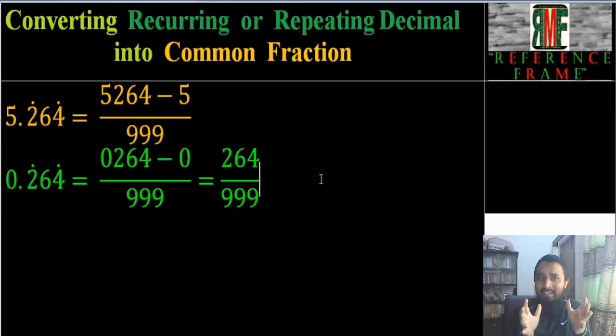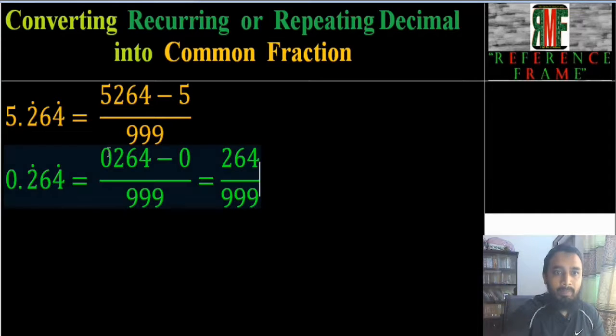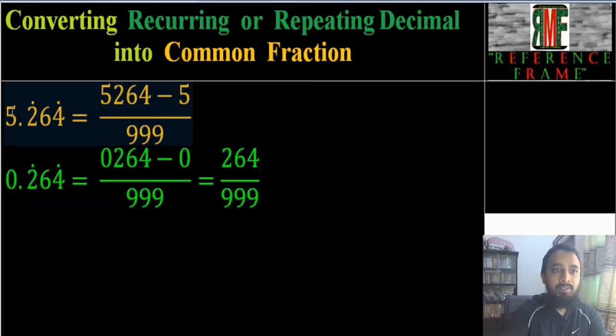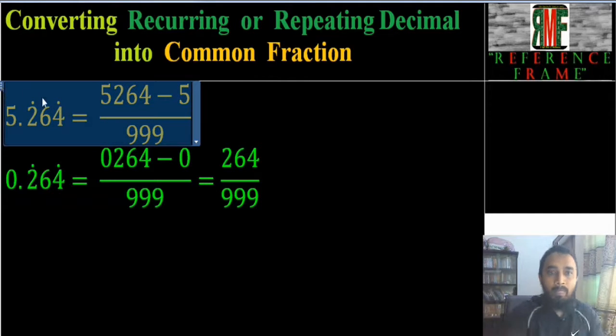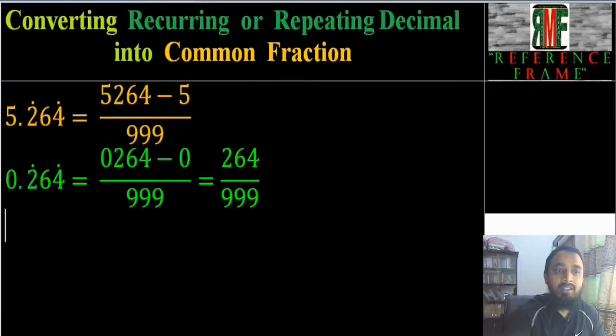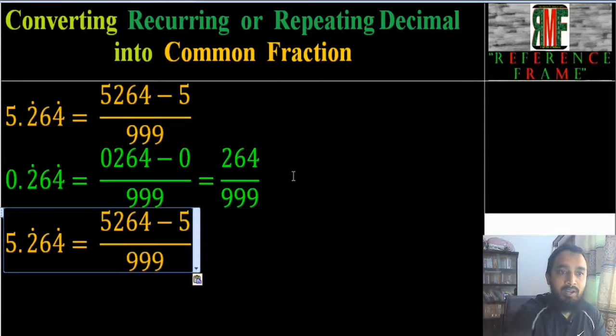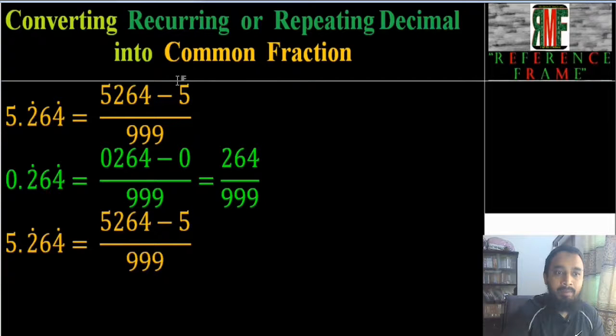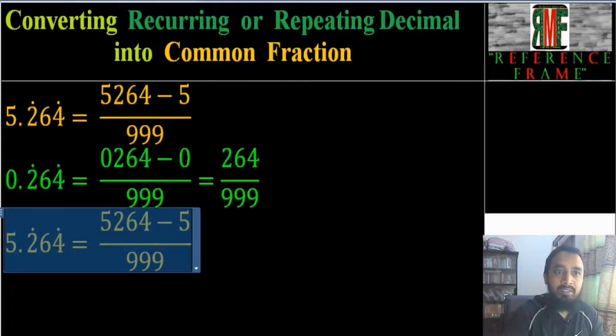Still you can't believe it? Okay, go for another example. Suppose I'm taking this one. I'm taking this one because of the alternation of colors, so that you can distinguish between them very easily. I'm marking this with red.